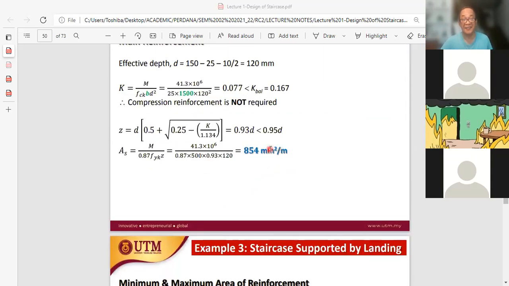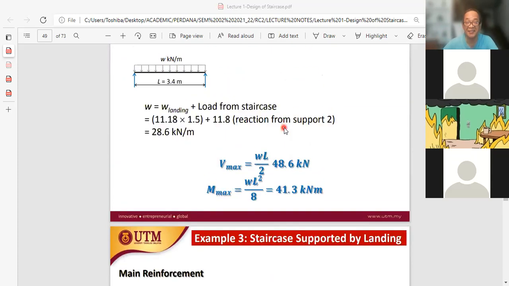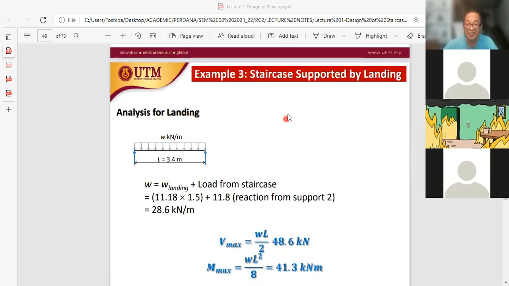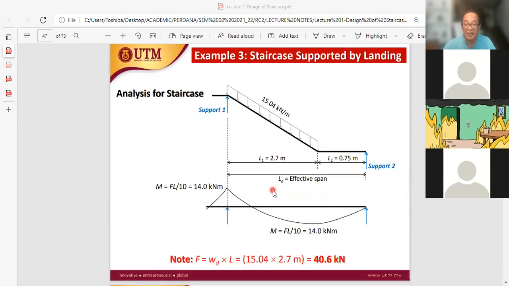Can you understand? The design shown here, this analysis, is for the landing. Concentrate on the landing. It does not show the design of the staircase. The staircase design can actually be done from here. We know the bending moment is about 40.